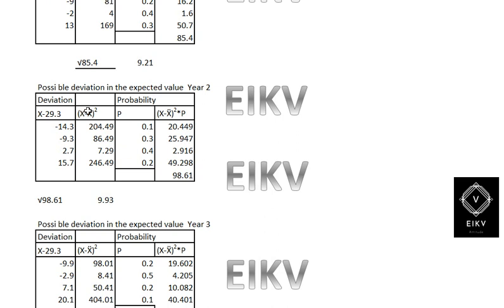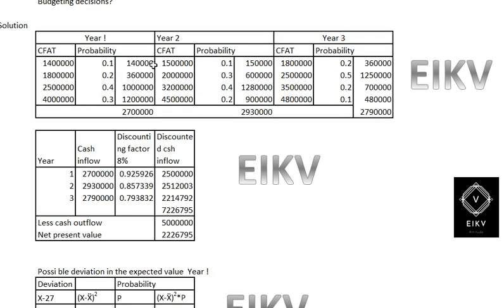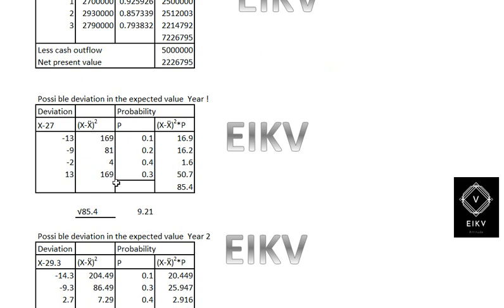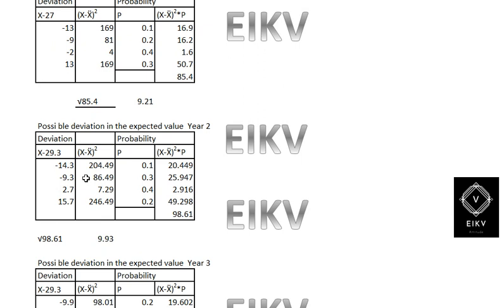Next one, in the same way, you need to compute it. The expected value is 29.3, which is the CFAT of year 2 minus 29.3, and that will give you x minus x dash, which is 14.3, 9.3, 2.7 and 15.7.